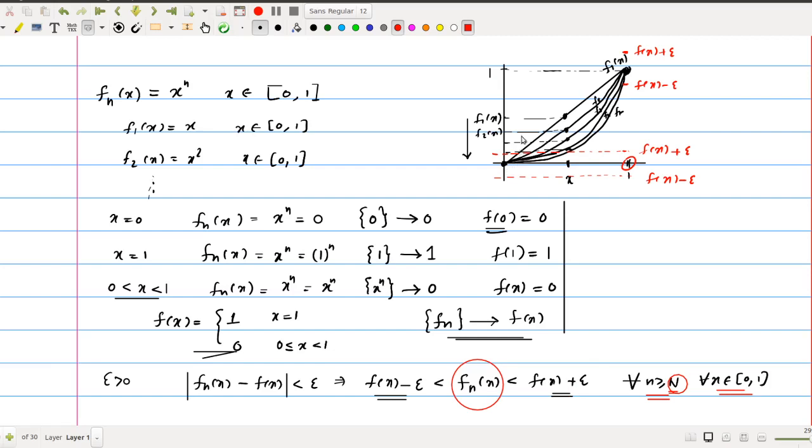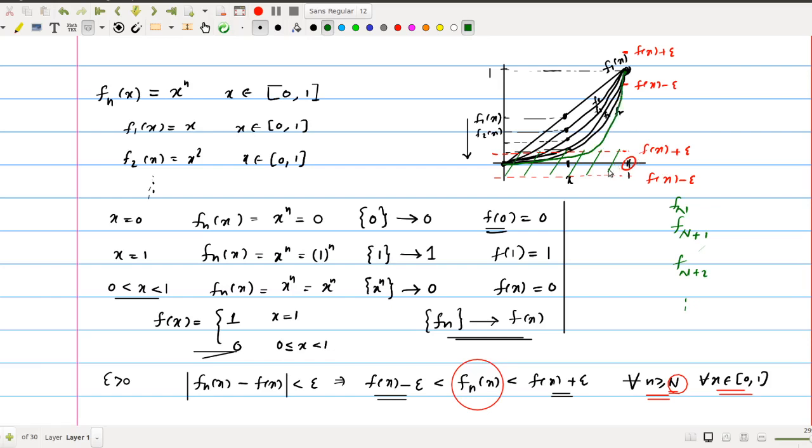That means if you consider this particular stage capital N, then we expect the functions f capital N plus 1 and plus 2, and so on, to have their graphs all lie in this strip. Okay, this is f of x plus epsilon, this is f of x minus epsilon. But when you consider any function in the sequence, that function starts from this and comes this way, and when x approaches 1, this function approaches 1 itself.